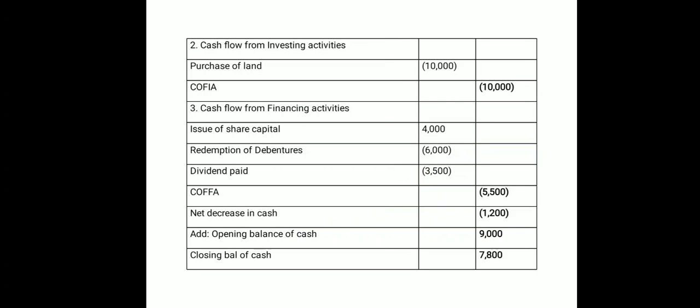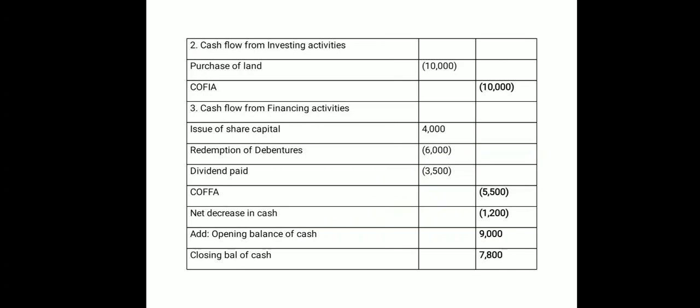Then we had the information of redemption of debentures. Debentures we have redeemed, that means we have repaid. We were supposed to repay the amount back to the investors. So here redemption of debenture, how much, 6,000. So it is an outflow because we have made the payment. So that is 6,000 here, negative, within the bracket I have kept.